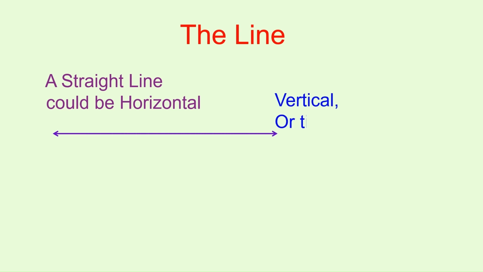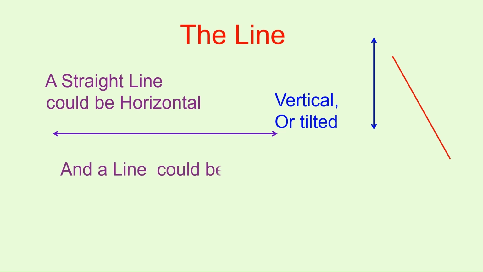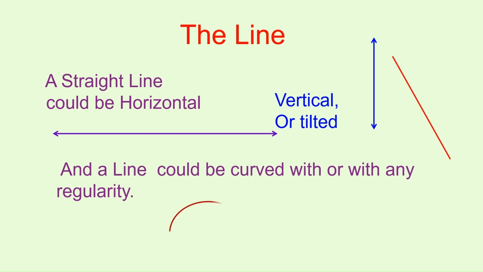A straight line could be horizontal, vertical, or maybe tilted, and a line could be curved, with or without any regularity.